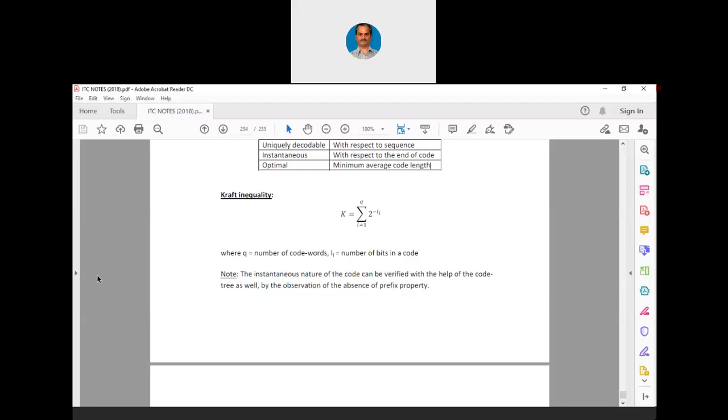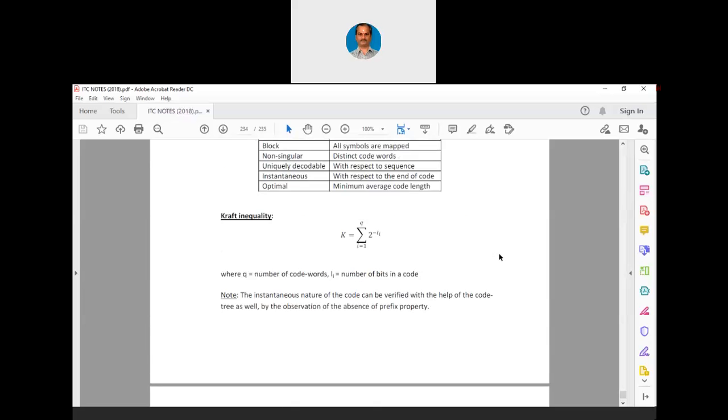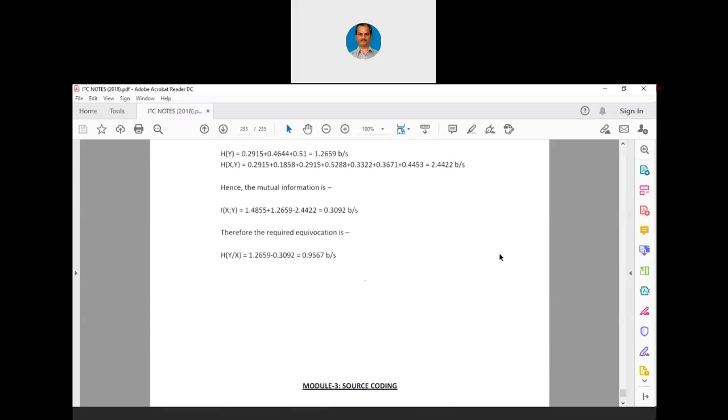That means all the codes that satisfy Kraft inequality need not be instantaneous, whereas Kraft inequality is one of the necessary and sufficient conditions to check the instantaneous nature of the code quickly. That was the idea there. Now this is the revision of module 2 from our curriculum.